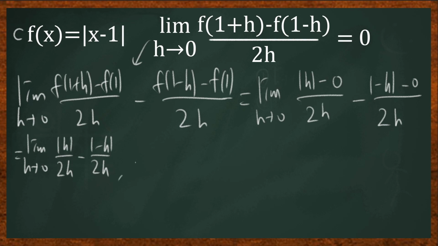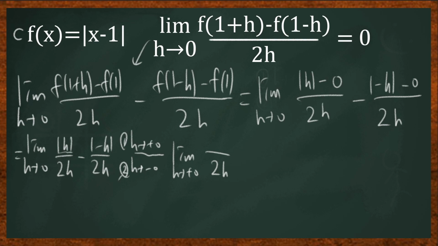Now we need to find each limit as h approaches 0 from the left and from the right. Let's put from the right as the first one and the left as the second one.